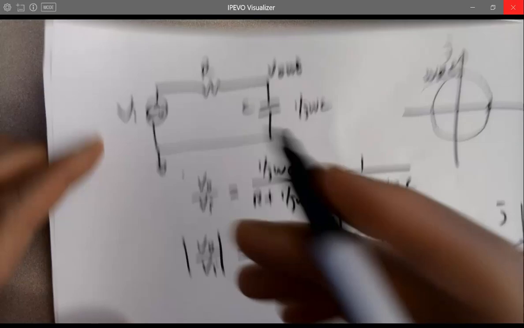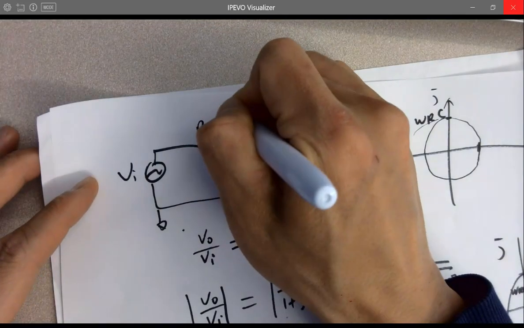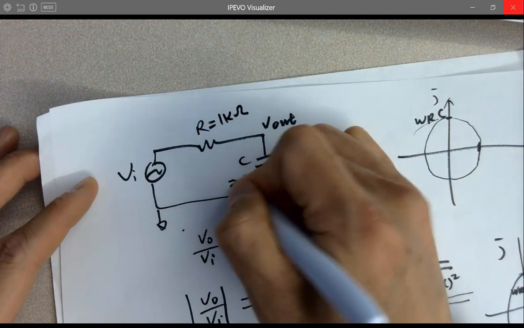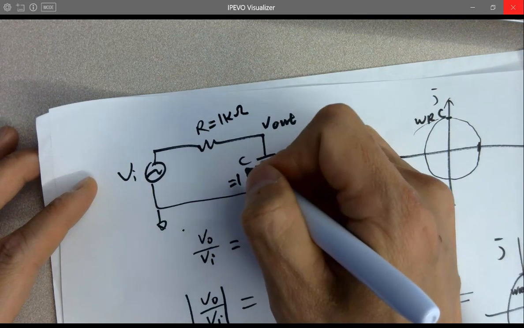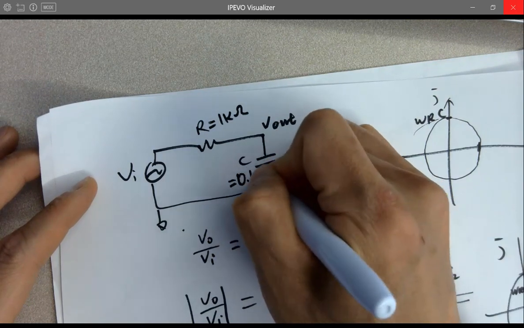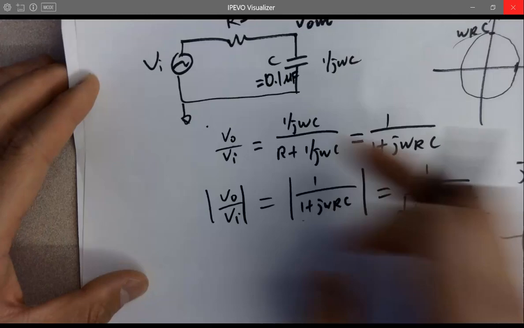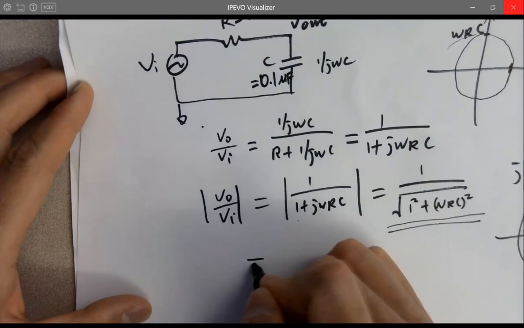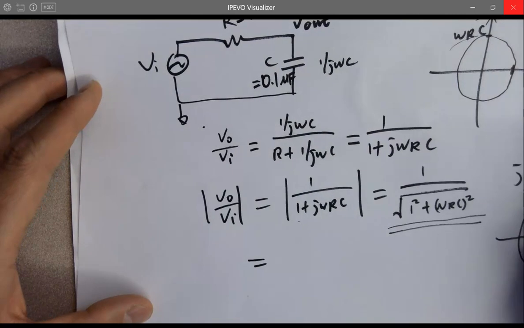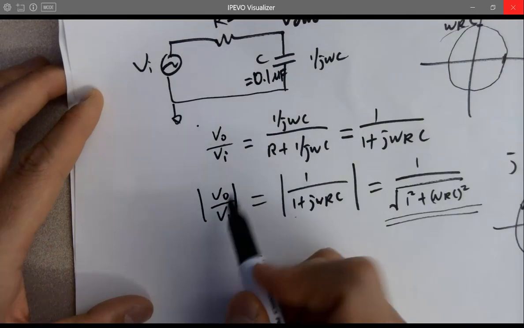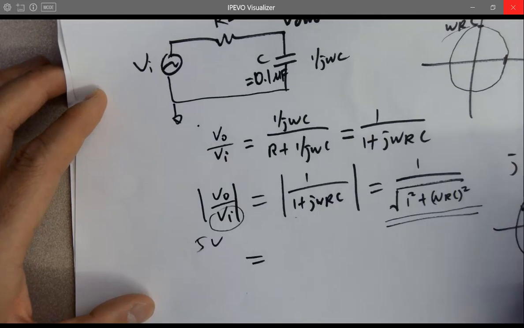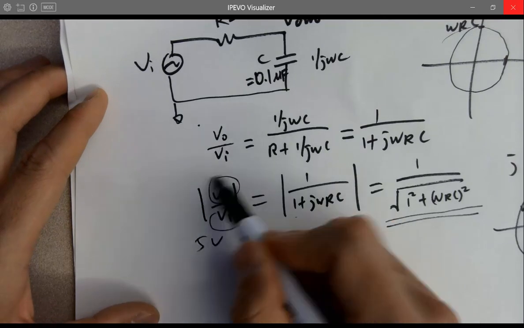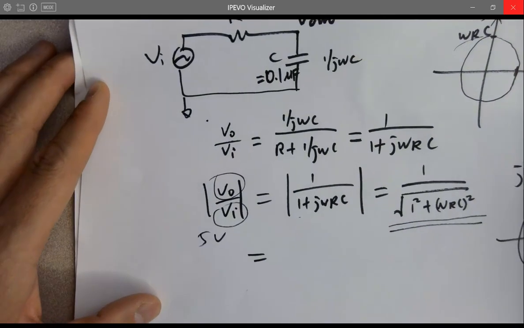If we plug in, so R here is 1 k ohms. This is 0.1 microfarads. You plug in these values into this equation, I can find out what is VO over VI. Since VI is given, you know it's 5 volts. So you can calculate for VL from this equation.